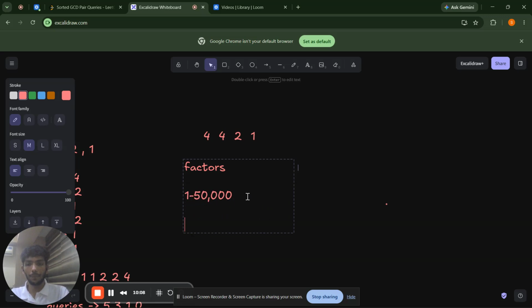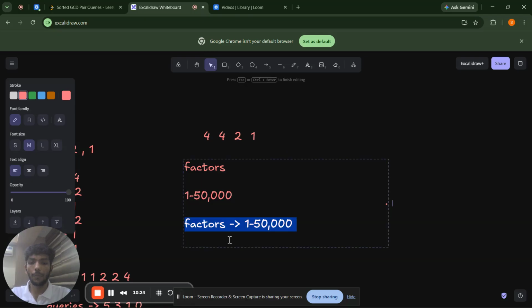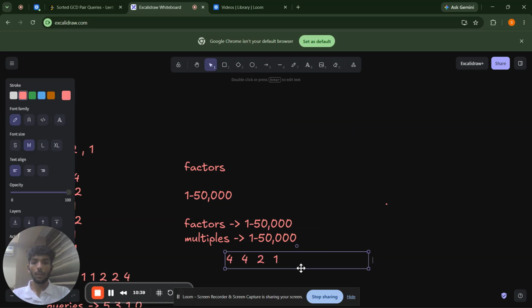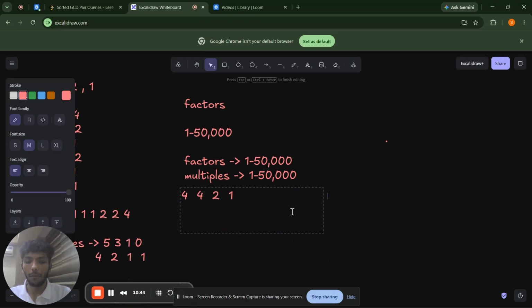Suppose the factors will be 1 to 50,000, and we will try to find their multiples which lie in the range of 50,000. So for this case, we will get 1.